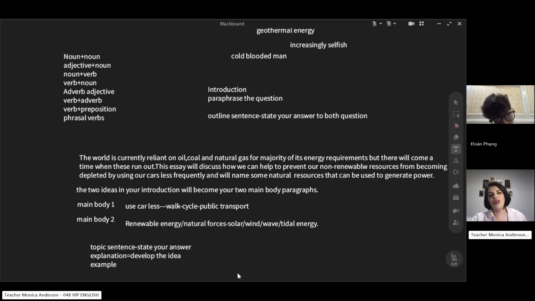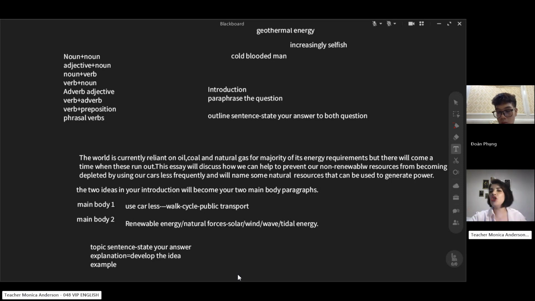Now let's write. What is a topic sentence? A topic sentence summarizes the main idea of the paragraph, and that's all it needs to do, so it doesn't have to be complicated, just an easy one.